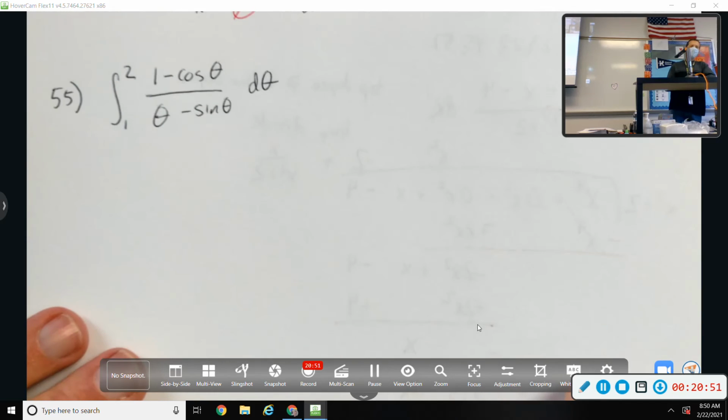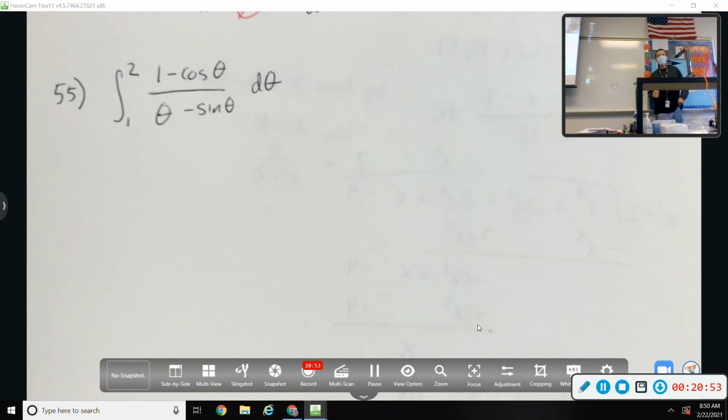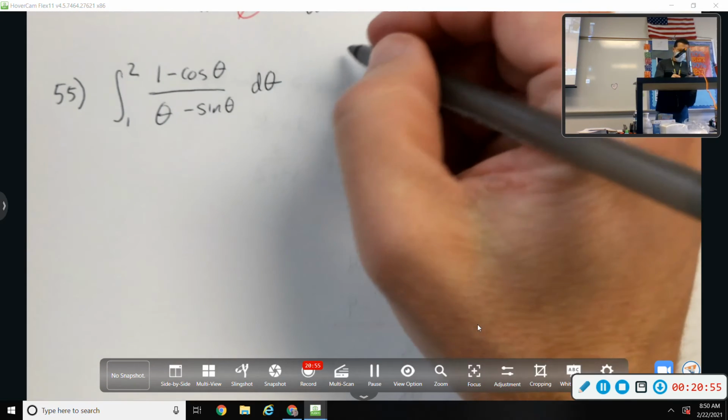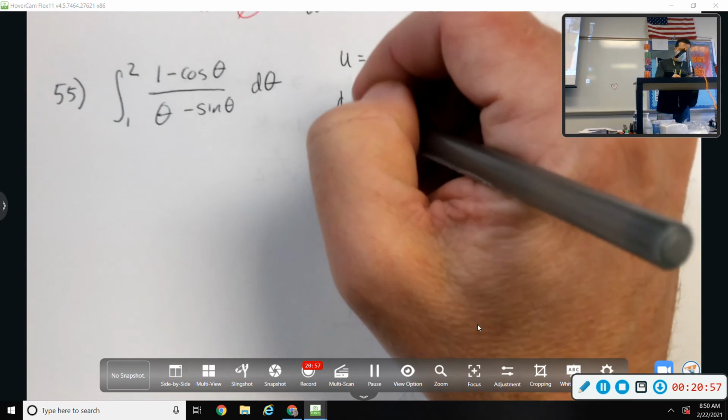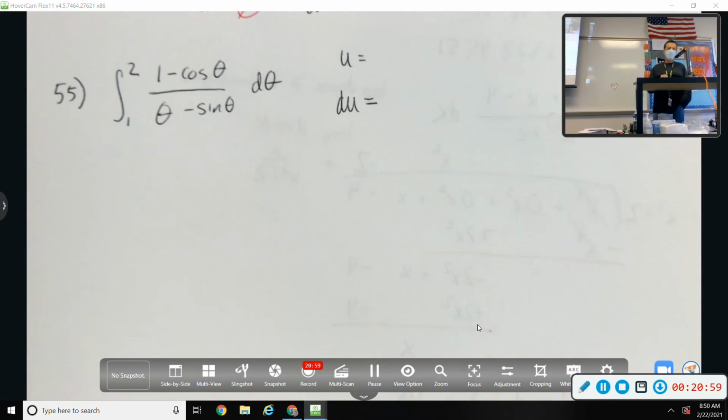So this looks like a u-substitution problem. Guesses for what u should be? Kind of getting in the habit here. Maybe you're recognizing which we usually pick for u.